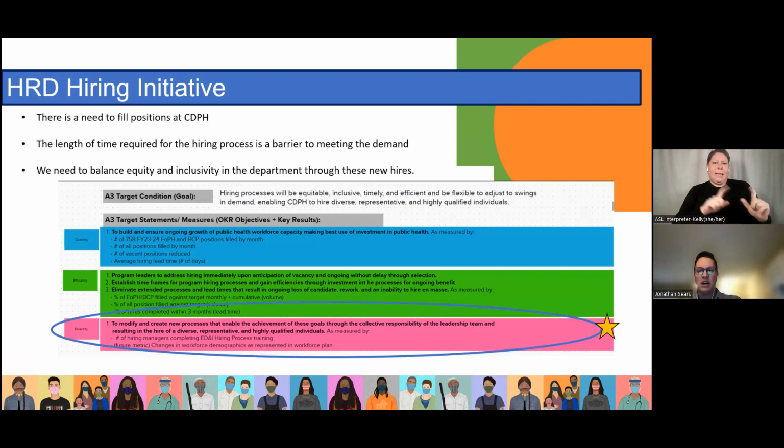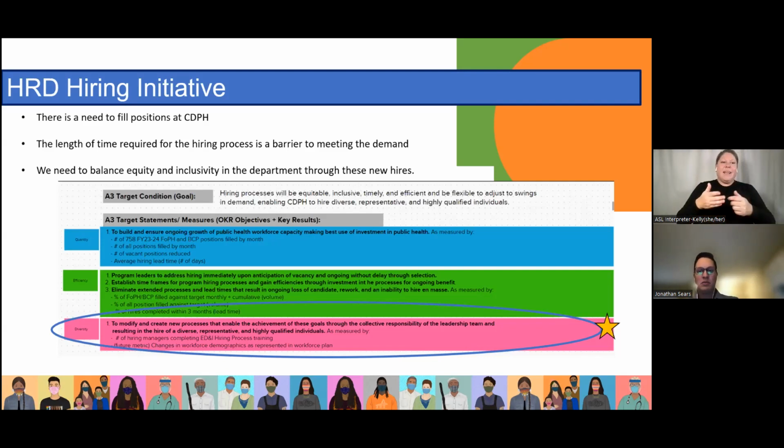The recent Future of Public Health funding that Bonnie spoke to early on in our presentation today, that's a great funding package made available to CDPH. It's going to help build and bolster our services. But as you all know, funding's one thing, but hiring and filling positions is another.